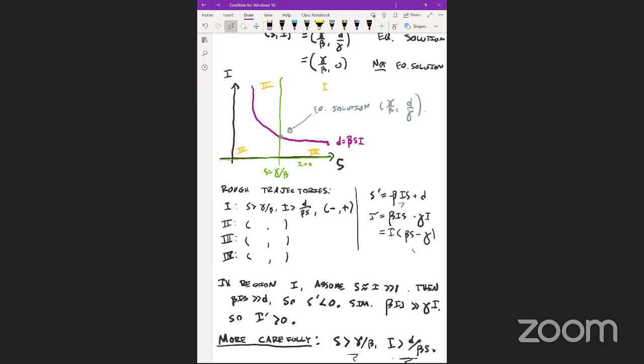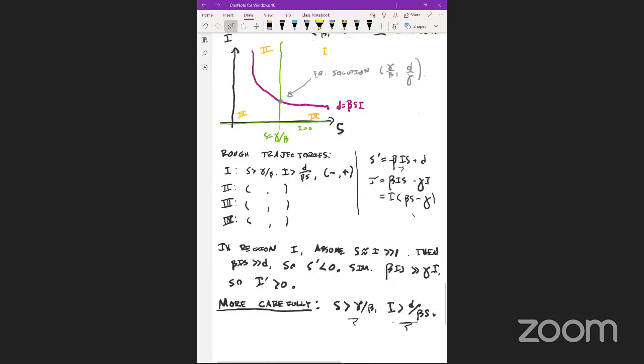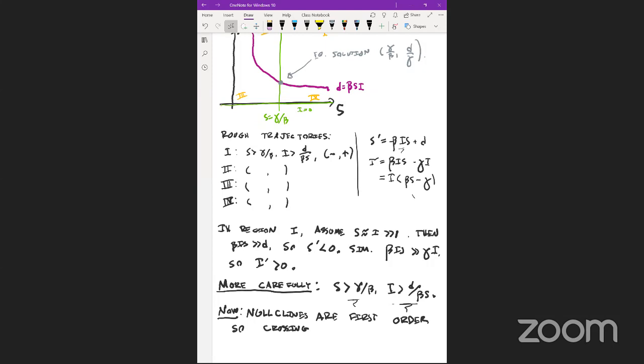In particular, when we cross one of the I nullclines, we have to change the sign of I. And when we cross one of the S nullclines, we have to change the sign of S. So we can go around in a circle. Just write that down: nullclines are first order, so crossing any one will change the respective sign.